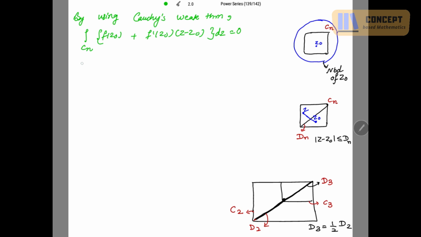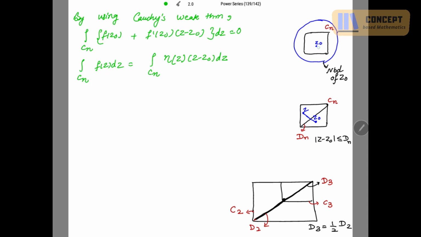So we are left with the integral over Cn of f of z dz equal to the integral over Cn of eta of z times z minus z naught dz. Now choose n large enough so that Cn is contained in the neighborhood of z naught, delta.